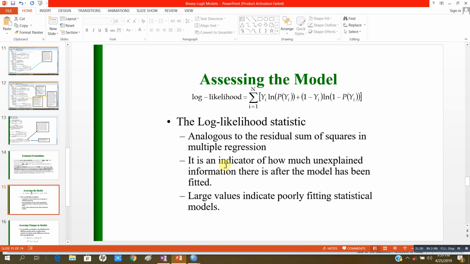Large values indicate a poorly fitting statistical model. So in a particular model that we have estimated, if the log likelihood statistic is higher, it means there is a poor fitting statistical model. If the log likelihood statistic is small, it indicates that the fit is better.